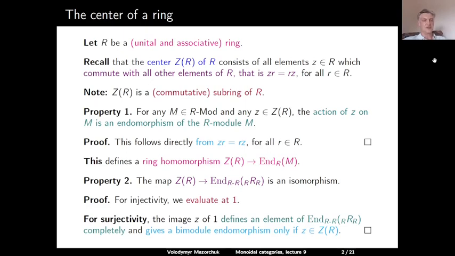Of course, this image completely determines the endomorphism because the regular bimodule R is generated by the identity element as a bimodule. And then it is easy to check that this z defines a bimodule endomorphism if and only if z belongs to the center of R.